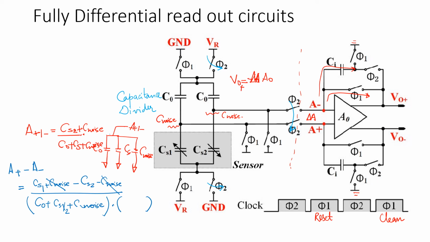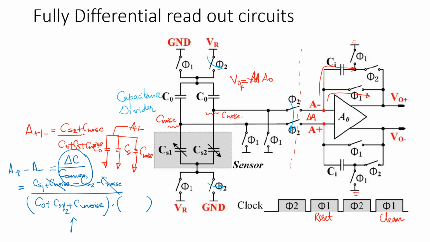In this case, C1 is going in one direction and C2 is expected to go in the opposite direction. So the difference will be a large delta C divided by a C common, which can be given here, which is the denominator. So this is effectively the AC component of the capacitor sensor, which gets amplified and brought out.